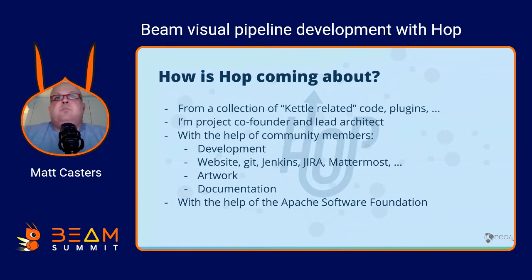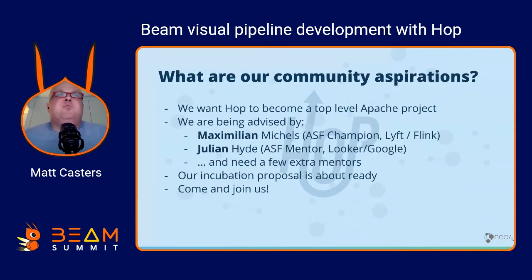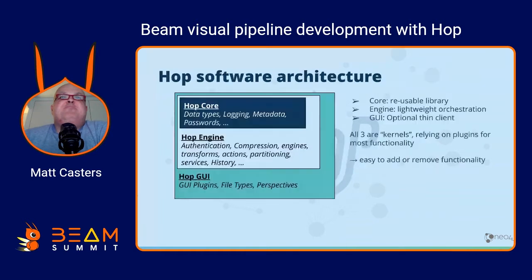And so community members have been doing development, website, Git, Jenkins, our Mattermost, which is the open source Slack clone server. We also got artwork, documentation, donated videos, and the Apache Software Foundation has been somewhat involved as well because we want to incubate Hop. So we have our incubation proposal about ready. So next week or something, we will fire that off. We're still in need of a few extra mentors. So if you're into that sort of thing, just contact us, please.